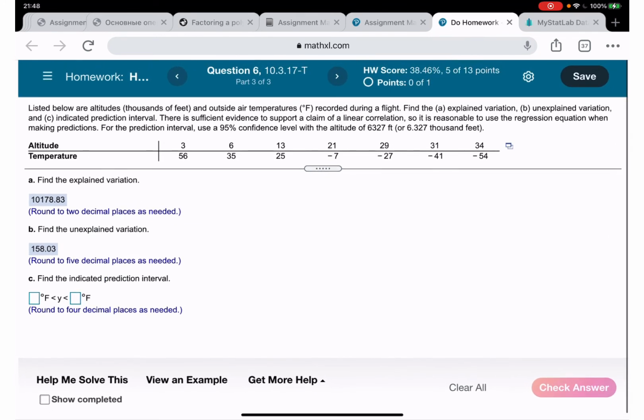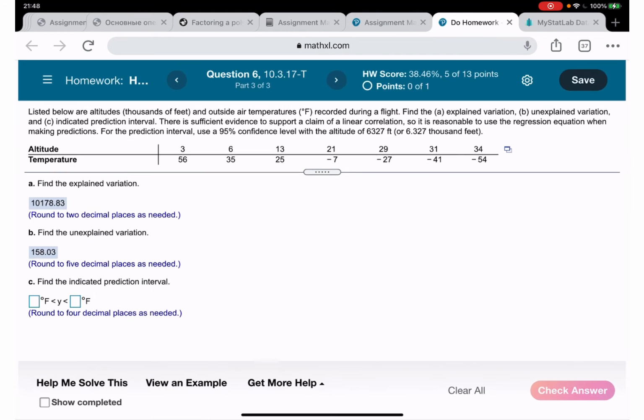Prediction interval. So for the prediction interval, how much is our confidence level? 95%. And what is the value we want to figure out? 6.327 thousand, so 6,327. All right, let's plug it back.